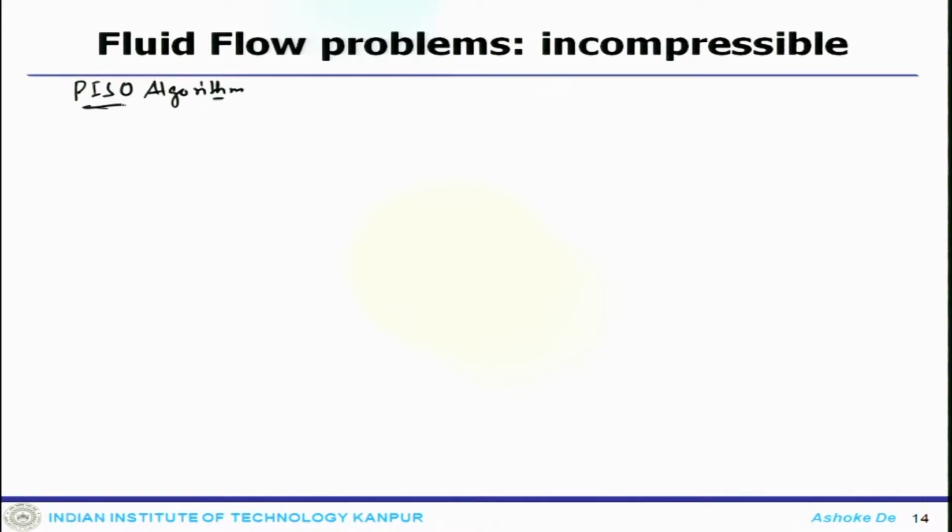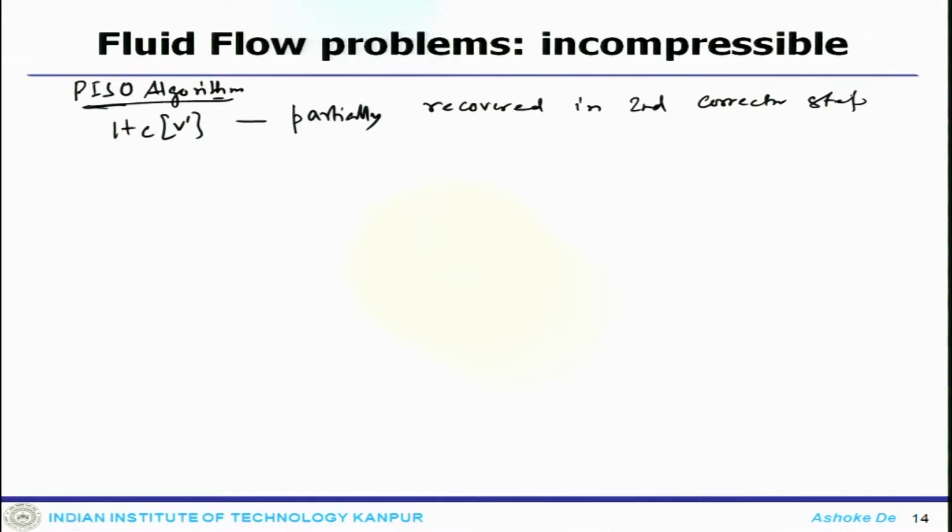What happens in the PISO algorithm is that the neglected term in the SIMPLE algorithm, like Hc V prime, is partially recovered in a second corrector step. So, the PISO is essentially based on some sort of a predictor corrector kind of approach.